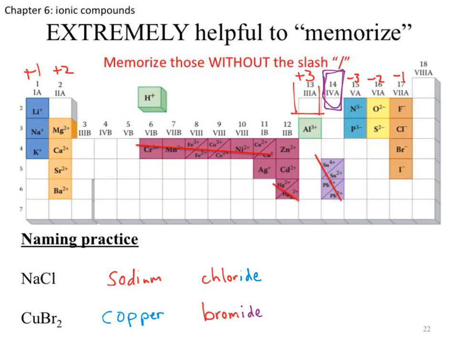Do you know the charge on copper? No. This name does not specify the charge on copper. And since you don't know it from your memorization, you must specify the charge. What is the charge on copper? According to our formula, it is +2. I now need to include that information as a Roman numeral right after my copper.